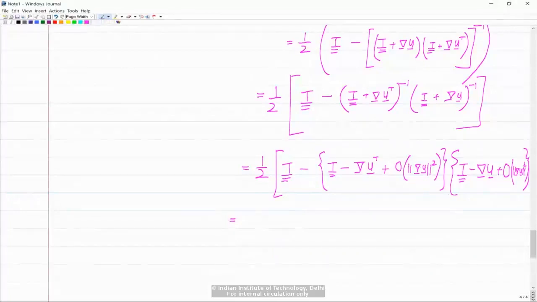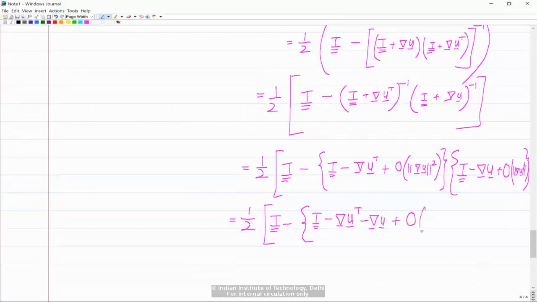So now work out the multiplication, and you will see that it is half of identity minus identity minus grad u transpose minus grad u, and then you have the remaining term, which is big O of grad u squared.